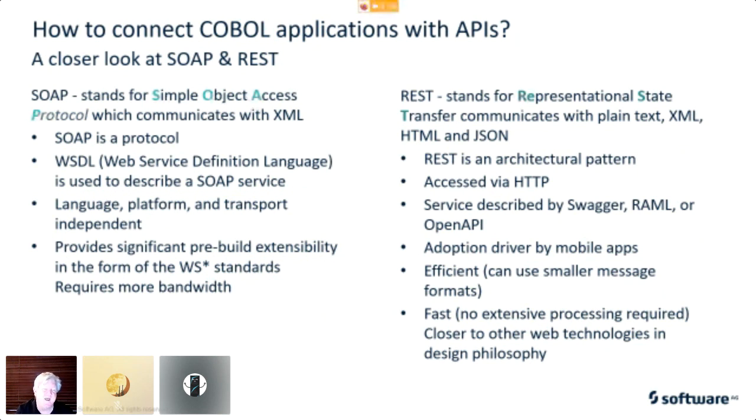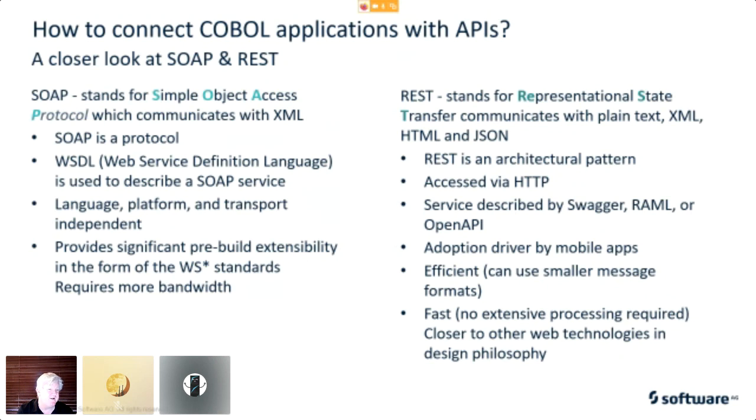It communicates via XML, and it is indeed a protocol. It is a very defined, somewhat rigid API. It uses what we call a WSDL, a web service definition language, to describe what that SOAP service is. It describes the inputs, the outputs, the endpoint of where I'm going to communicate to.